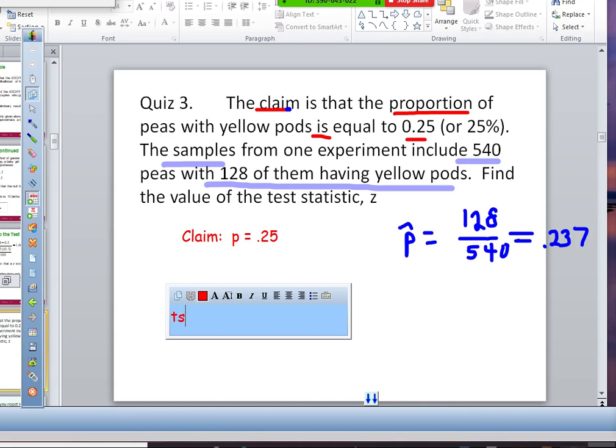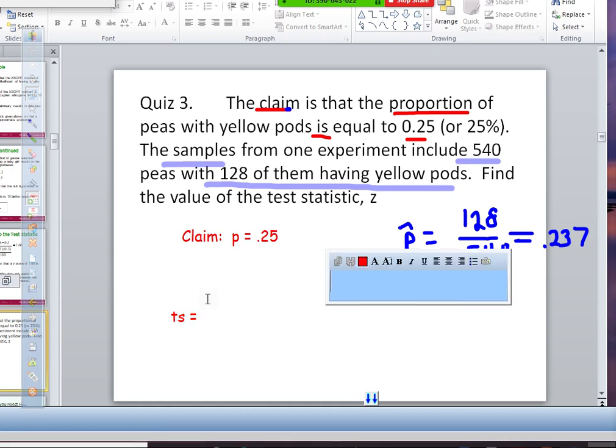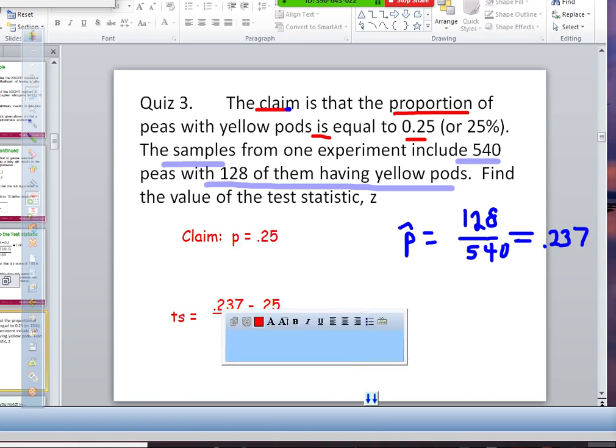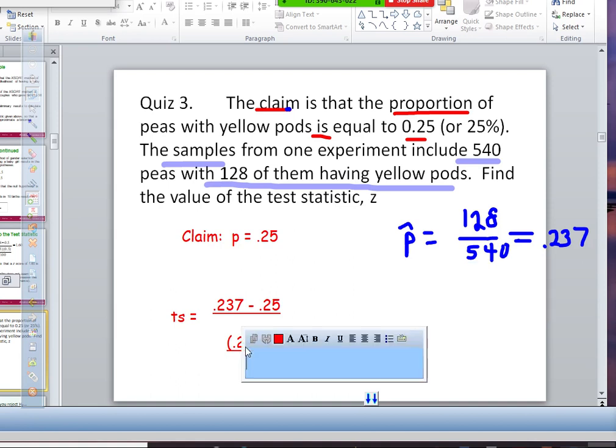Test stat equals, and the top part is going to be 0.237 minus 0.25, and that's going to be over the square root of p, 0.25, times q, which is, if p is 0.25, then q must be 0.75, because it has to add up to 100%, over 100.